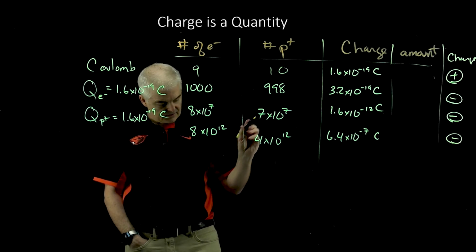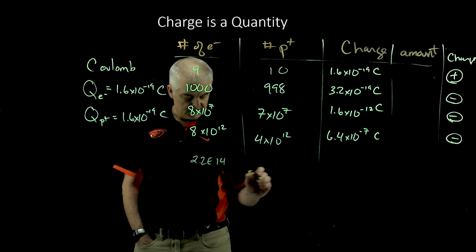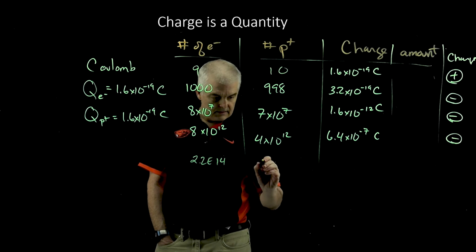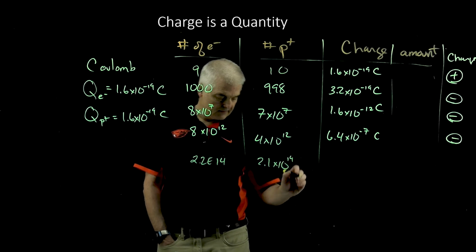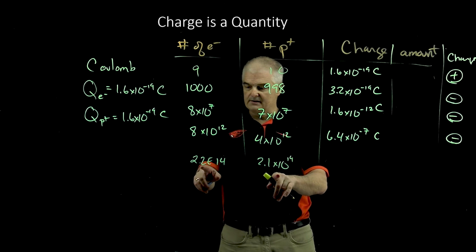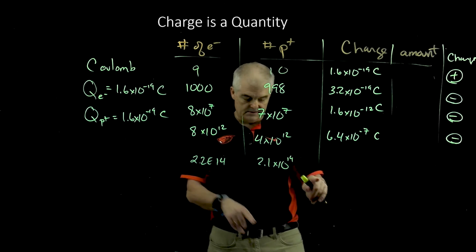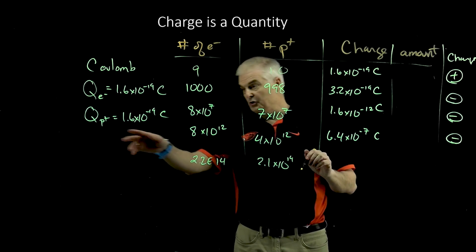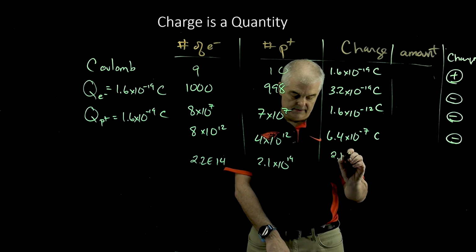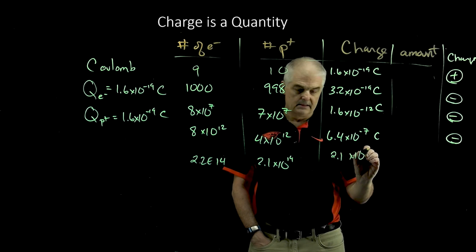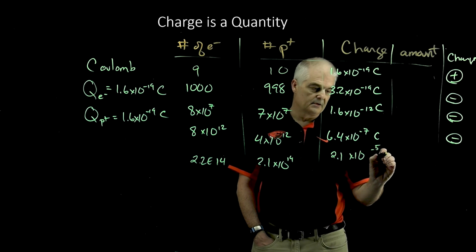And lastly, let's do this one. Let's say I have 2.2 times 10 to the 14th and 2.1 times 10 to the 14th. And when you subtract the difference, 2.2 minus 2.1, but they're to the power of 14. I said E14, that's the same thing. And then you multiply by 1.6 times 10 to the minus 19th, you get 2.1 times 10 to the minus 5th coulombs.